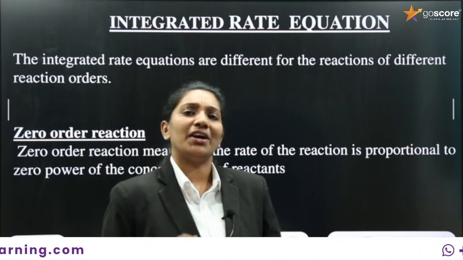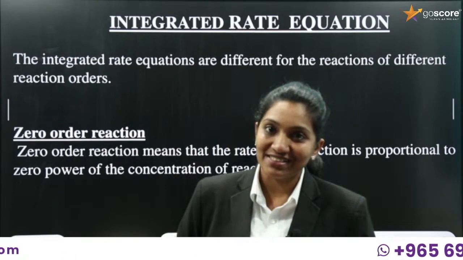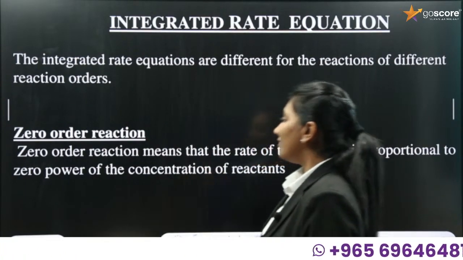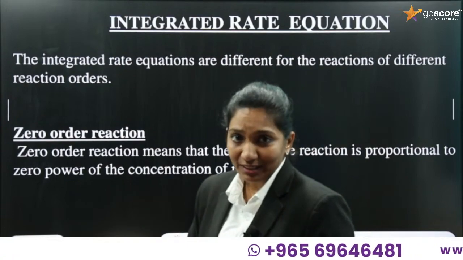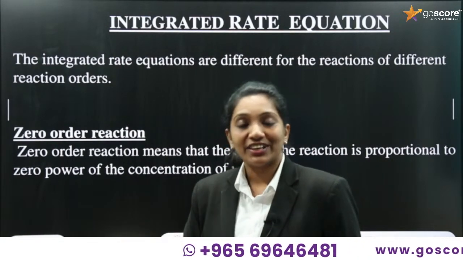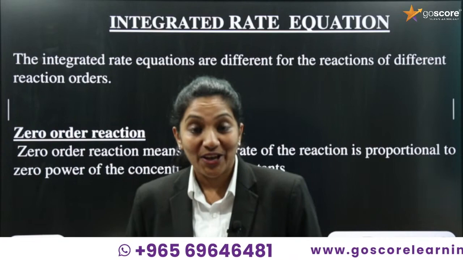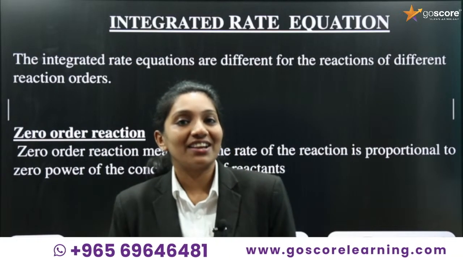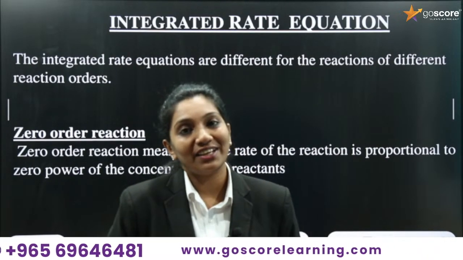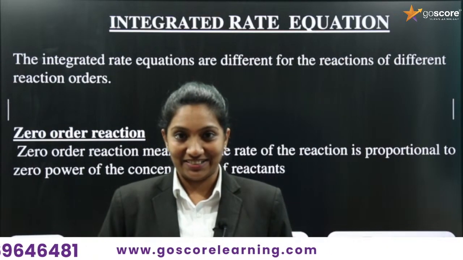Okay. What do we actually mean by zero order reactions? We already discussed that in part 1, right? Zero order reactions are those reactions in which the rate of reaction is independent of the concentration of reactant, right?